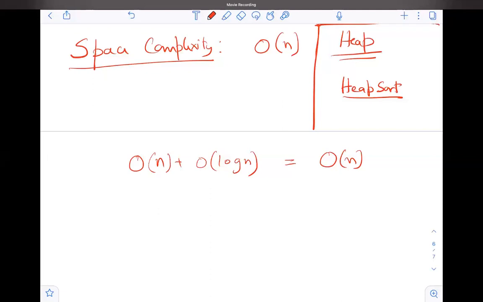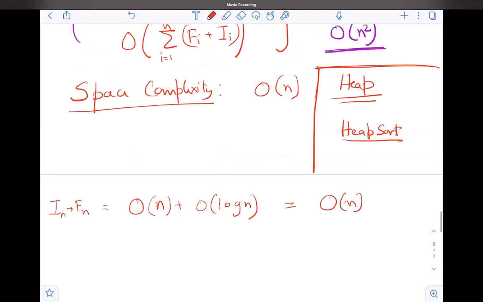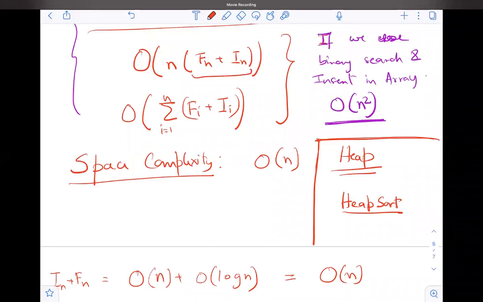Yes, you write order of n square because this is just I of n plus F of n, and then there's an n over here. So that's why we are getting order of n square.